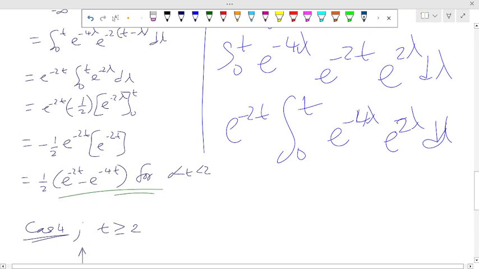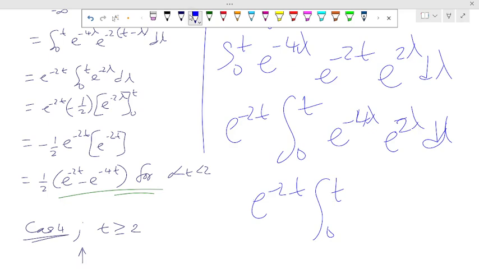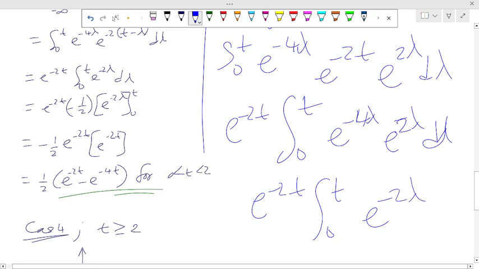Now of course these terms will come together. So you have e raised to the power minus 2t, and you take the exponents: minus 4 lambda plus 2 lambda will give you e raised to the power minus 2 lambda, d lambda, which is exactly what you have at this point. So that's how we got from here to here.